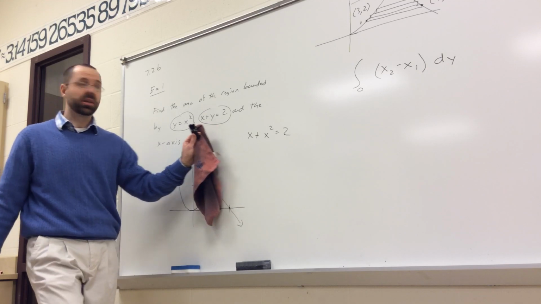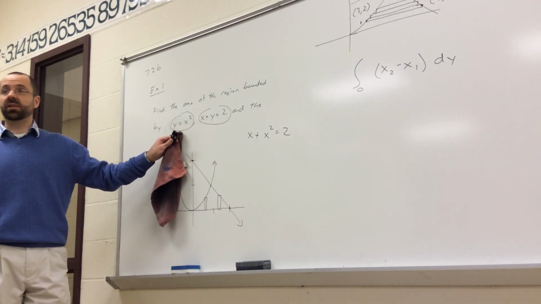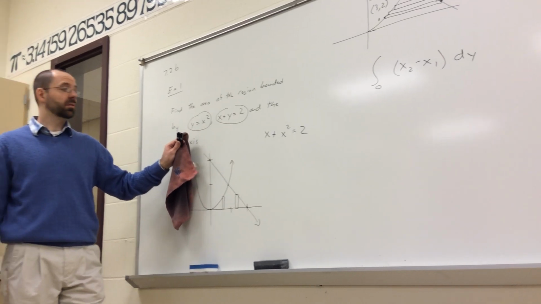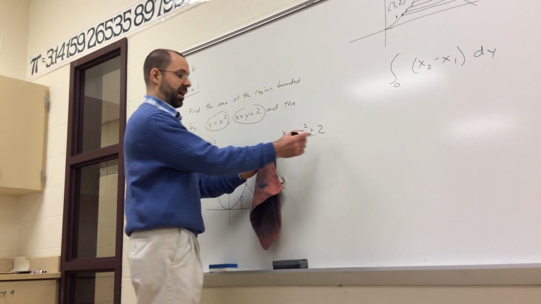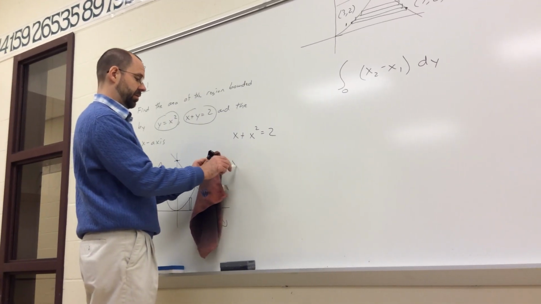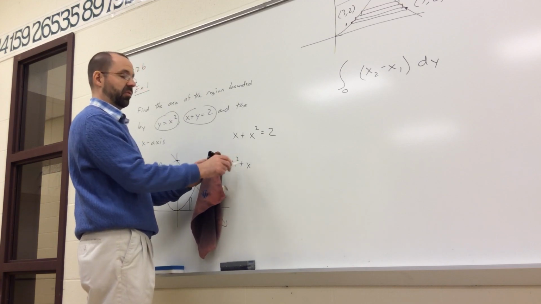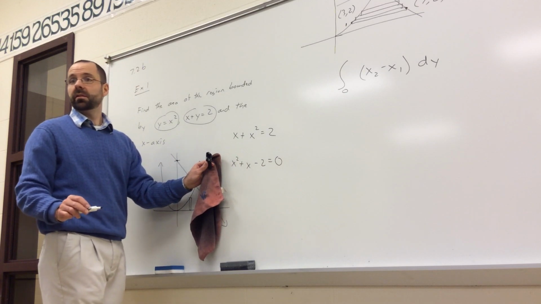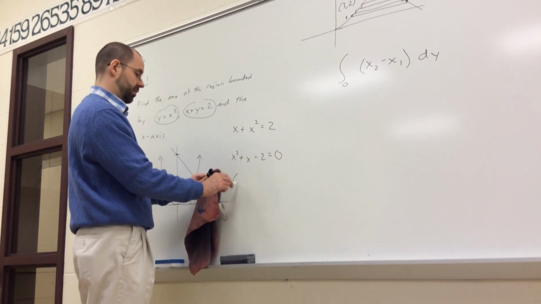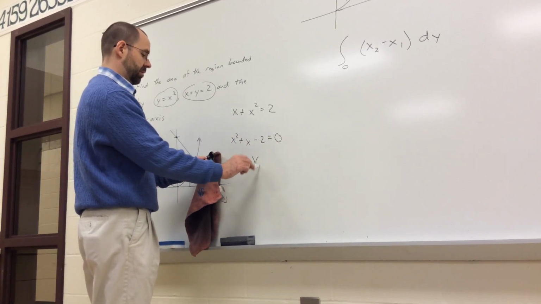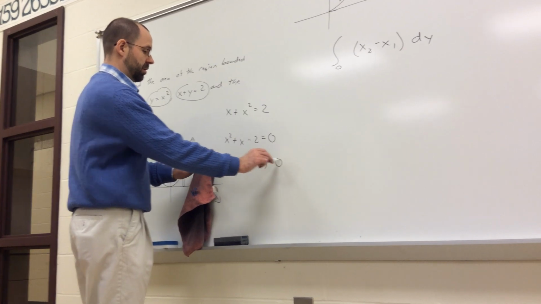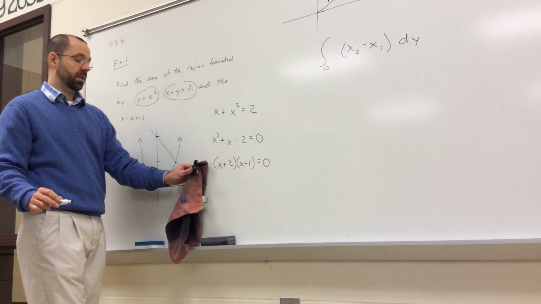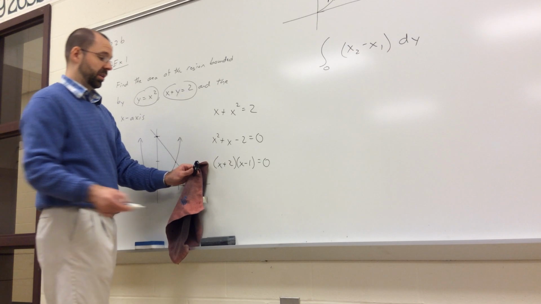And that's legal because according to this equation, y equals x squared. So now I'm going to subtract the 2 over and also at the same time rearrange. And then you can factor. And so x comes out to negative 2 and also 1.